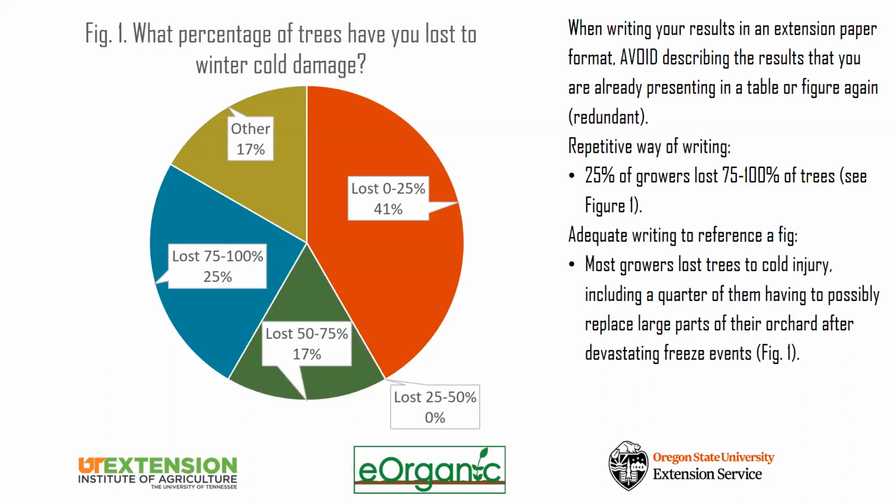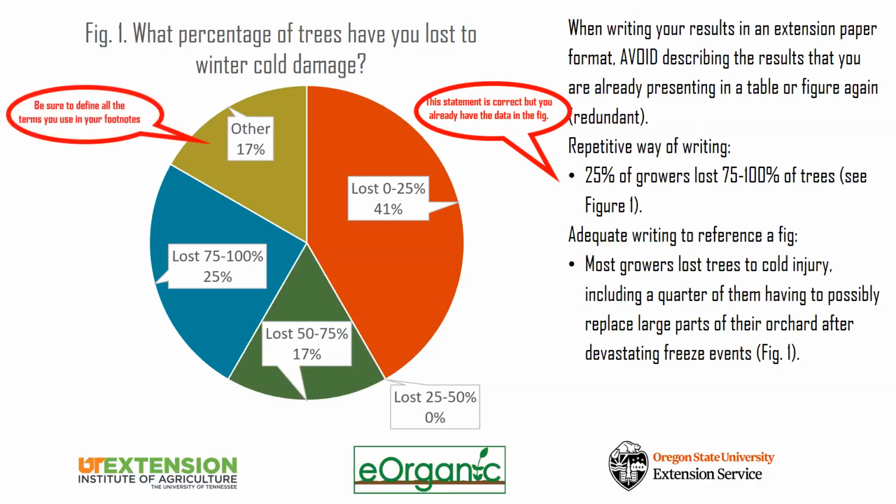Then you reference the figure and you can also look at all of the other options. For example, in this case, you'll see the loss of 0 to 25%, 50 to 75%, etc. Another thing I wanted to mention, which we already talked about before: the information is not wrong, but presenting it twice is something that you want to avoid.